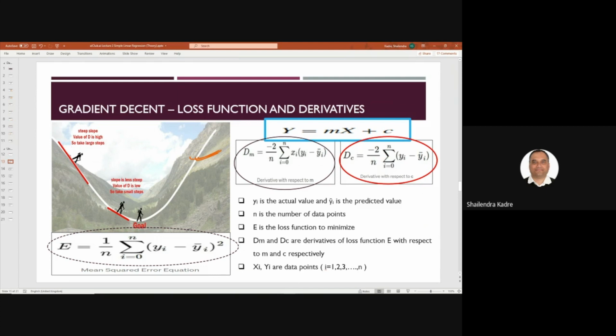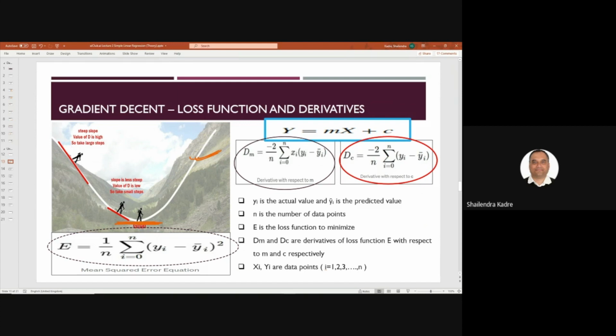When we find the partial derivative and equate it to 0, we want to find the minimum of this curve. That minimum will determine the values of m and c.